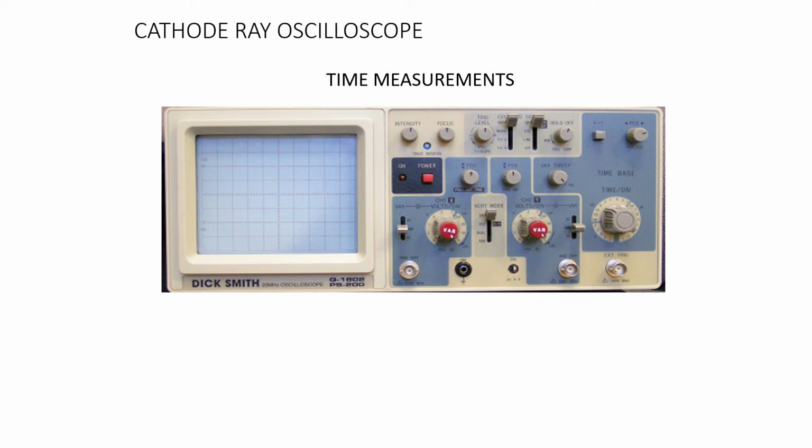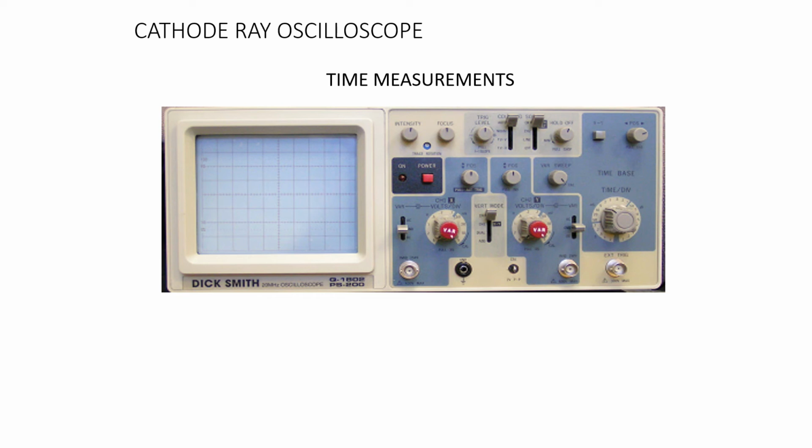The power on switch is used to switch the CRO on and off. The horizontal amplifier input is used for connecting the external horizontal signal as an input for the horizontal amplifier. Next, the vertical amplifier input: the signal under test is connected to the vertical amplifier input.